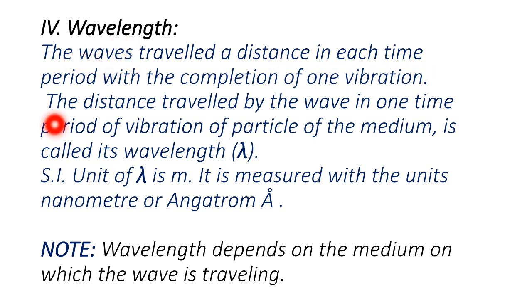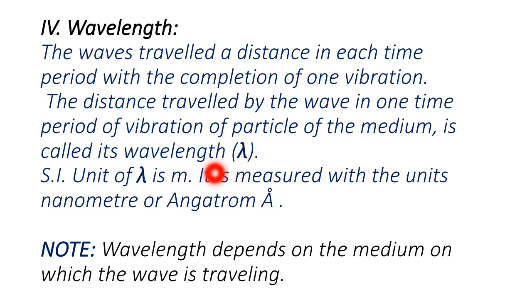Let's see the definition. The distance traveled by a wave in one time period of vibration, with the completion of one vibration of the particle of a medium, is called the wavelength. It is denoted with the letter lambda. This is the symbol, this is called lambda.